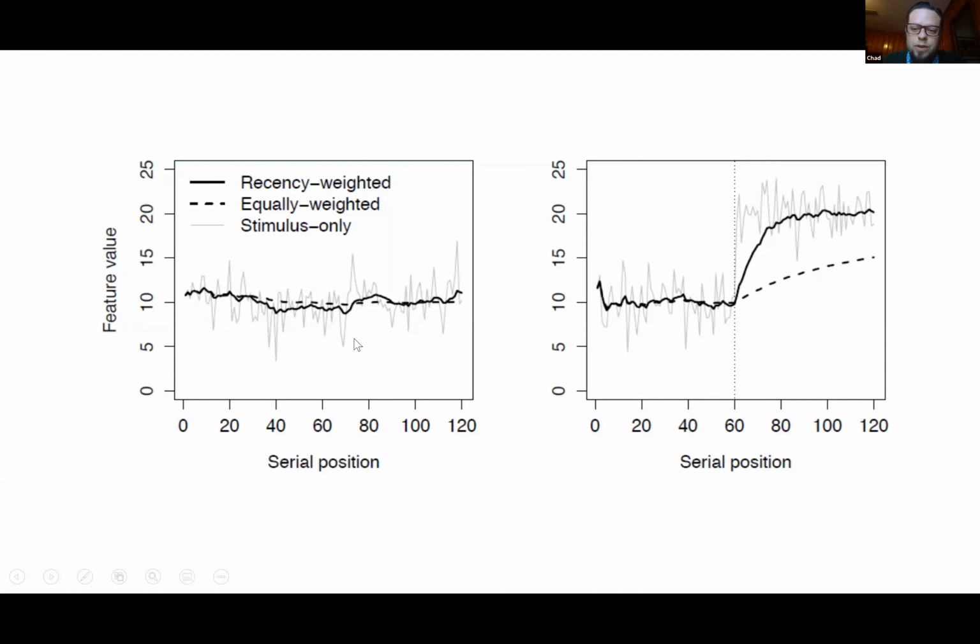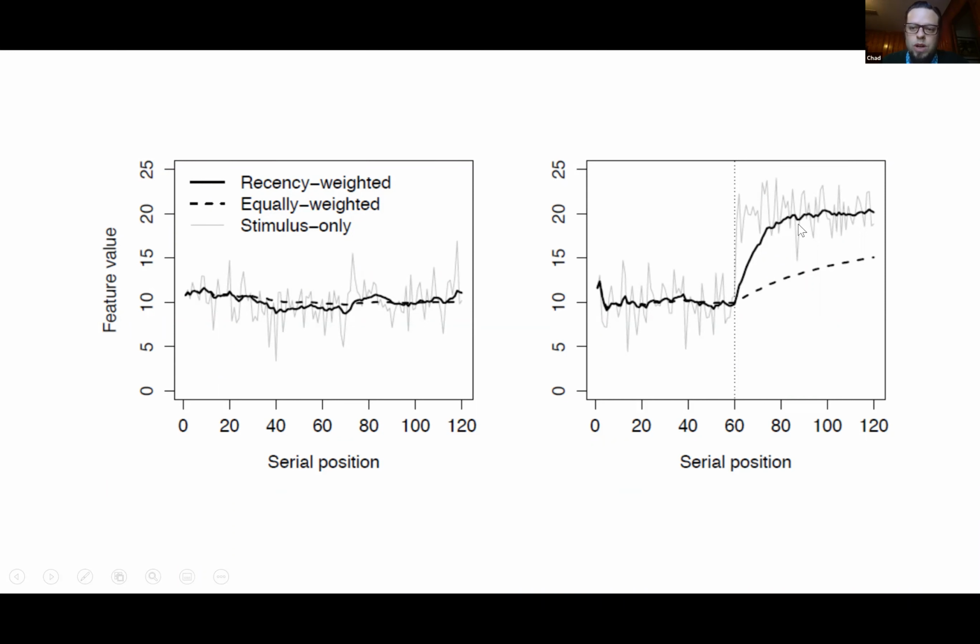You can't tell the difference. But if you shift the distribution from which the stimulus feature values are drawn, halfway through, these pull apart. So then you see that an equally weighted model is giving you this dashed line. The stimulus, if you're only just using the most recent stimulus, is this line. So those are the two extremes, and a recency weighted average falls in the middle.